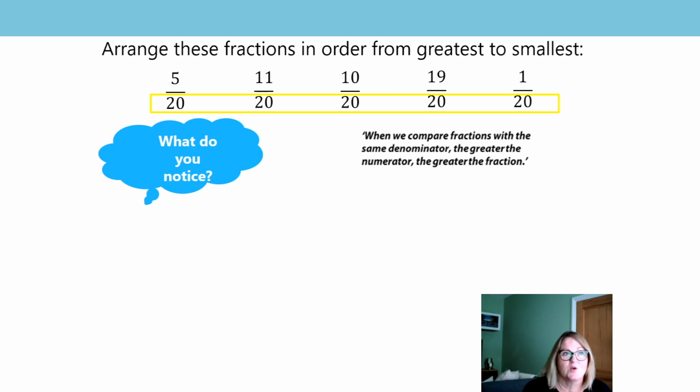That's right. When we compare fractions with the same denominator, the greater the numerator, the greater the fraction. So we can look at the numerators and see which one is the smallest, which one is the greatest, and that will help us to order our fractions. Pause the video now and have a go. Write down the fractions in order from greatest to smallest.